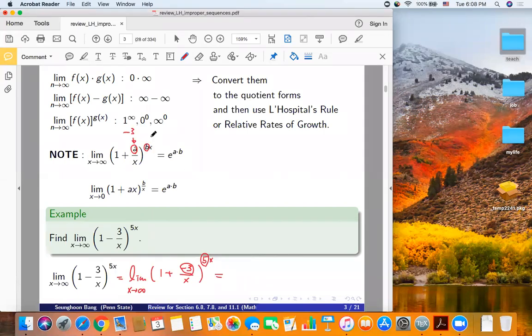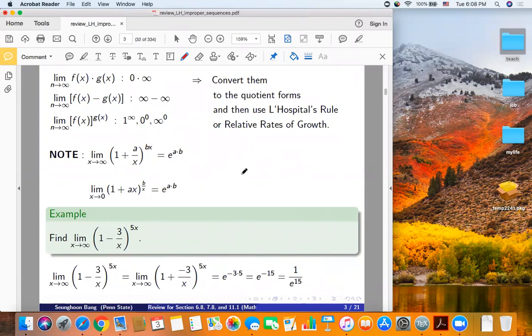So you can use this rule, e to the a times b: e to the negative 3 times 5. The answer is e to the negative 15. Yeah, this is the answer by using these two formulas. This is the idea.